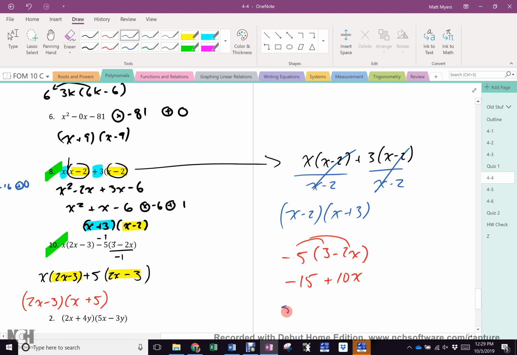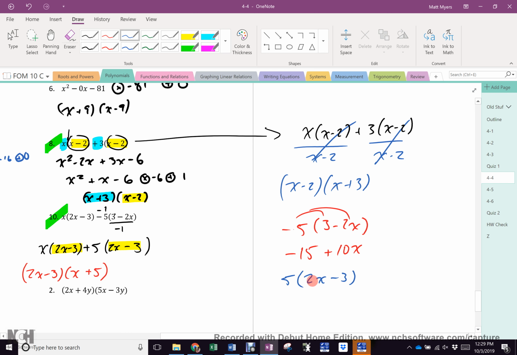Now remember, I took out the negative 1, right? To change this negative 5 to positive 5. What's 5 times 2x? 10x. What's 5 times negative 3? Negative 15. 10x, 10x. Negative 15, negative 15. Does everybody see?